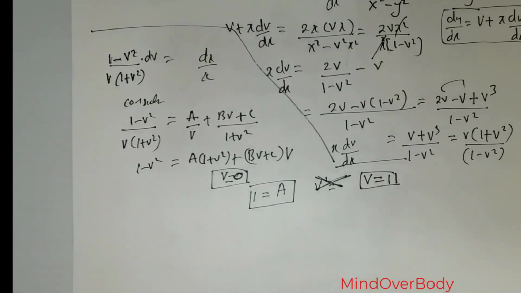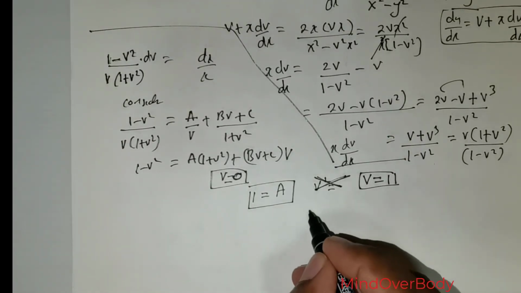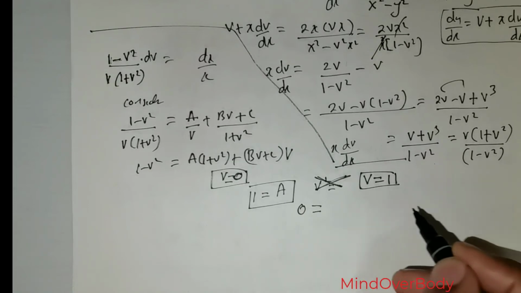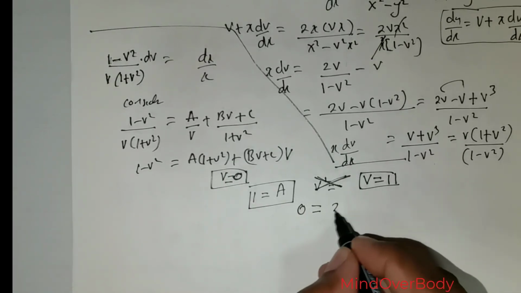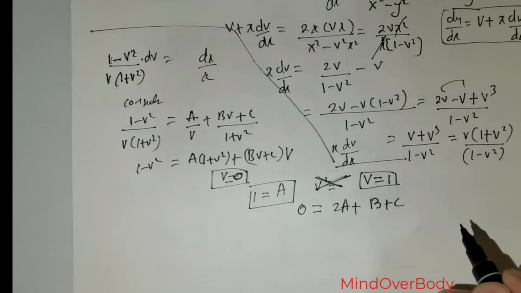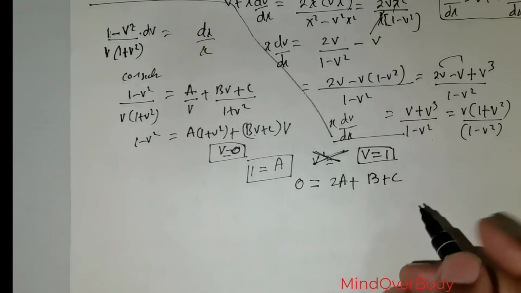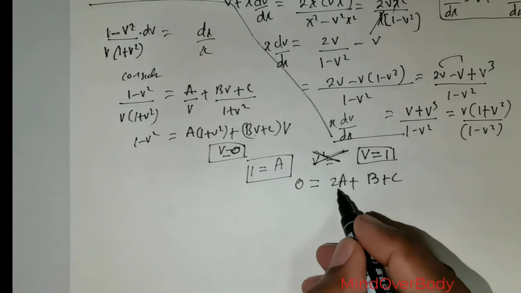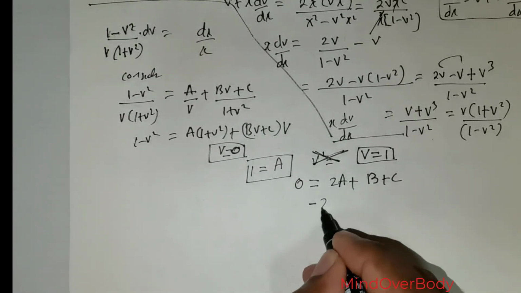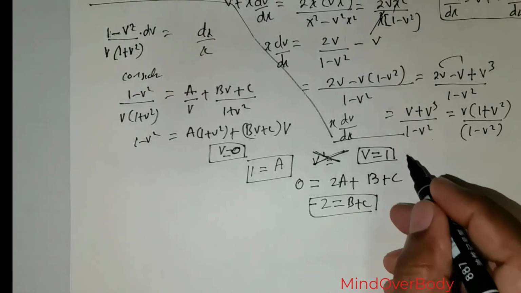Now if I take v is equal to 1, this one will become 0. Right, so I got a 0 there. So this is going to be 2 times A. I will get a B positive C, v is equal to 1. So A is already 1 here. So minus 2 times B positive C would be one equation.